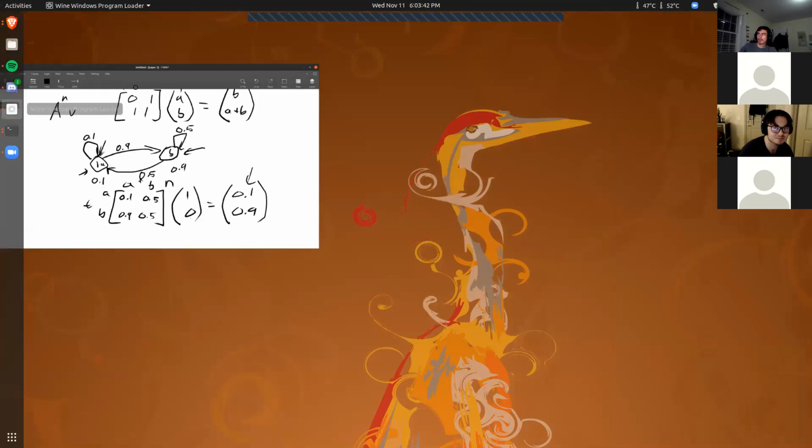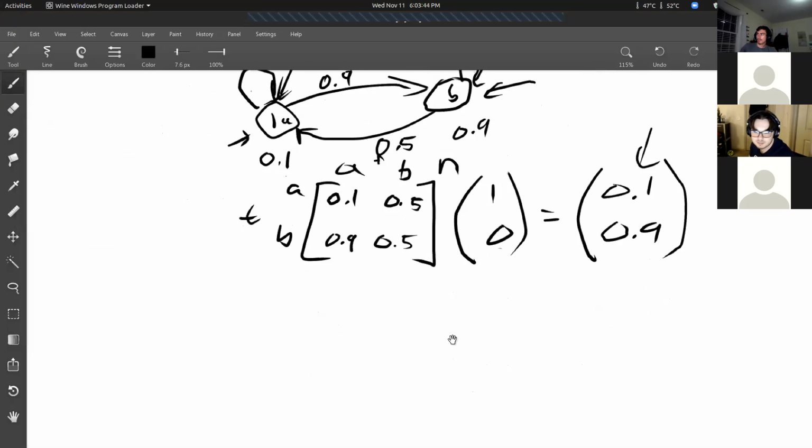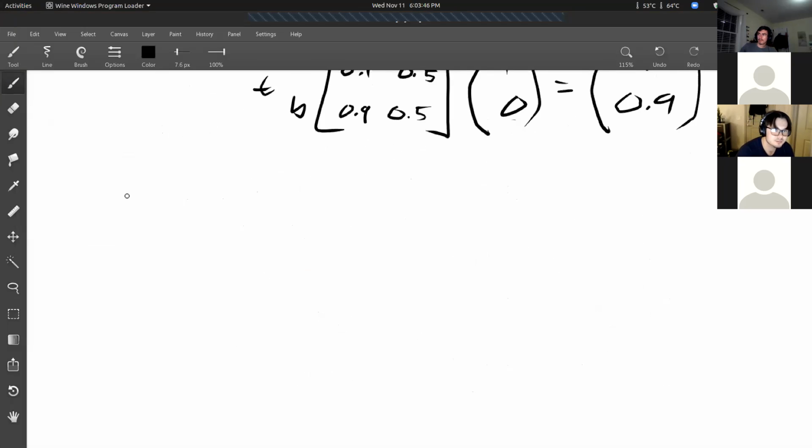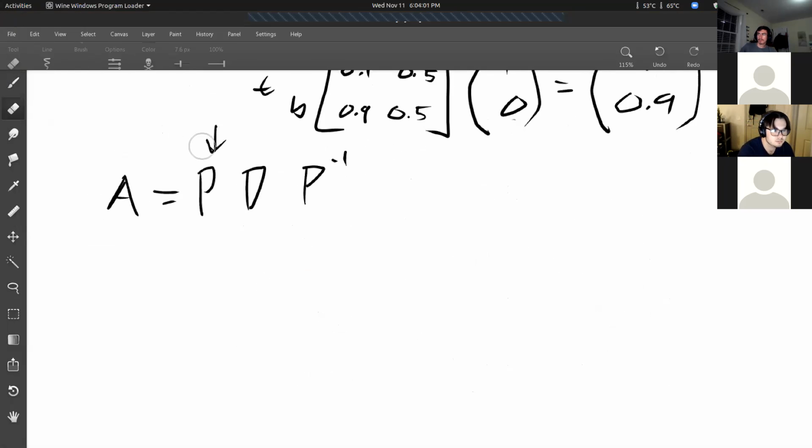So let me pull this back up here. So what ends up happening? Let's say I have a matrix A here, and somehow I find two matrices, one named P, one named D, and then I take the inverse of P. I'm assuming here that P is an invertible matrix, and I can represent A by P times D times P inverse.